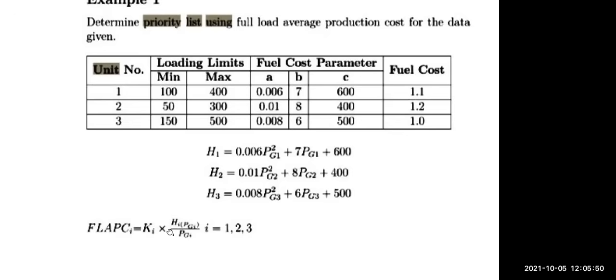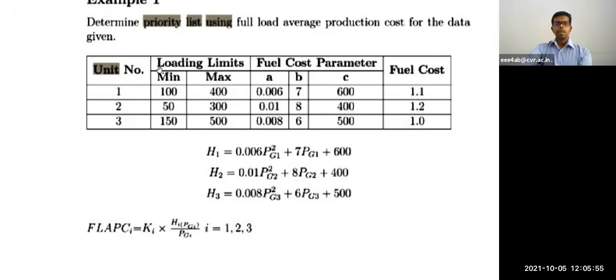Similarly for generating unit 2, the minimum and maximum loading limits are 50 megawatt to 300 megawatt. The fuel cost parameters are A as 0.01, B as 8, and C as 400. The fuel cost for the second generating unit is 1.2.